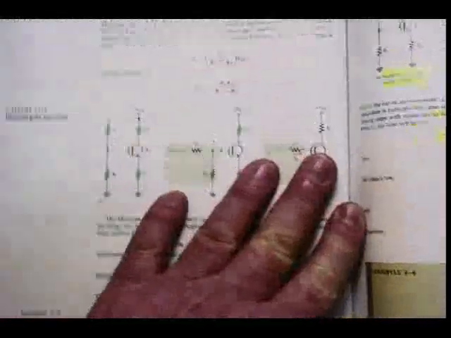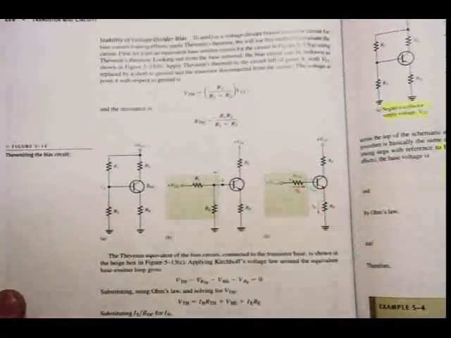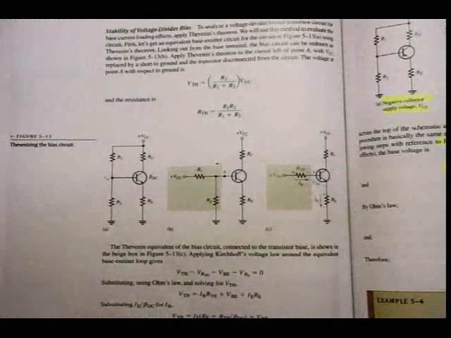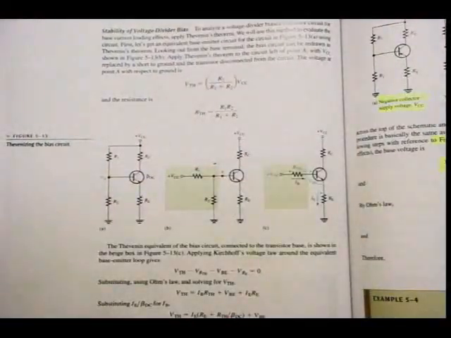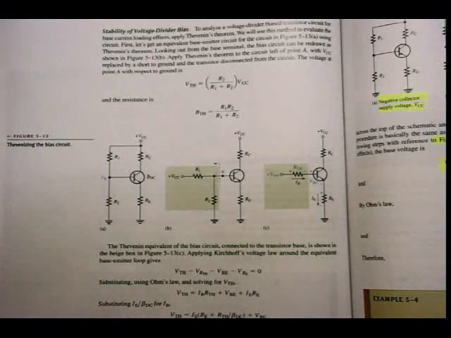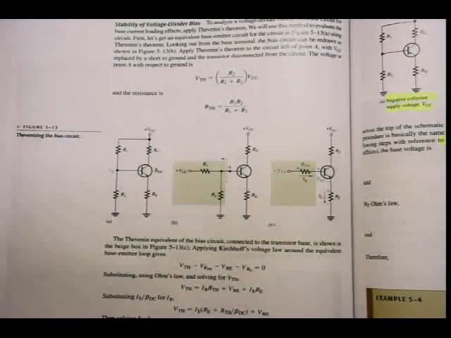Let's have a look at the stability on the next page of the voltage divider bias. They used Thevenin's theorem to analyze this circuit. You've done Thevenin's theorem in electrical engineering. I'm not going to do Thevenin's theorem again.